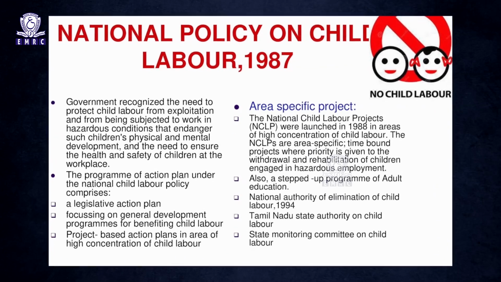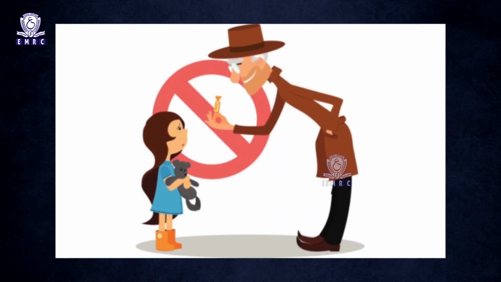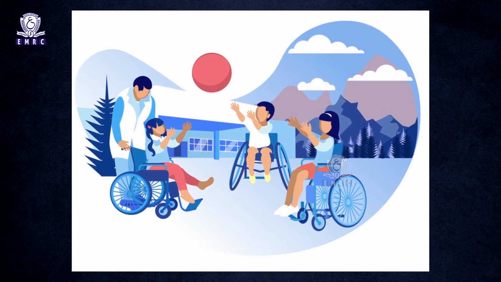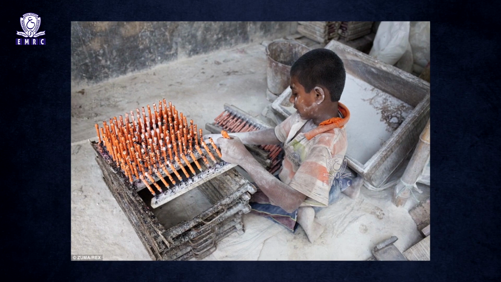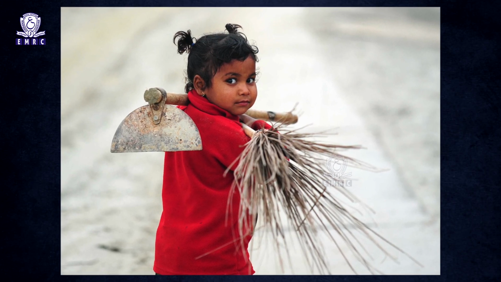The national policy on child labor seeks to adopt a sequential approach with focus on rehabilitation of children working in hazardous occupations and processes in the first instance, and the Ministry of Labour and Employment functions to provide and supervise a range of policies concerning child labor in India.